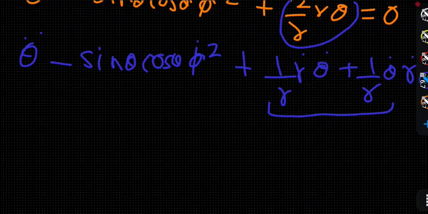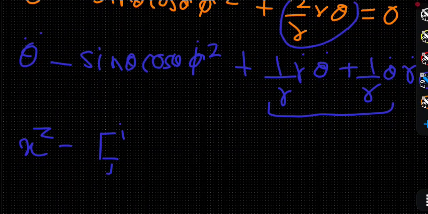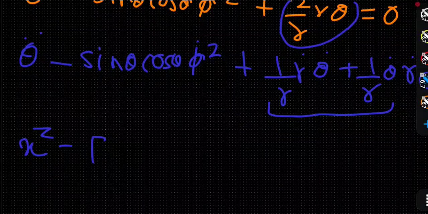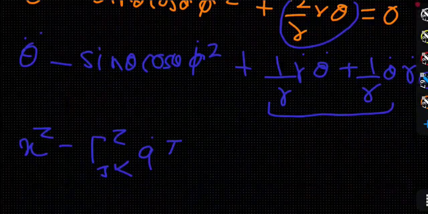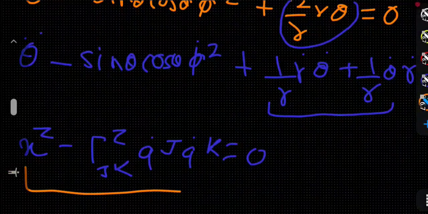Now if I compare this with the geodesic equation, which is ẍ^τ plus the Christoffel symbol Γ^τ_jk q̇^j q̇^k equals 0.